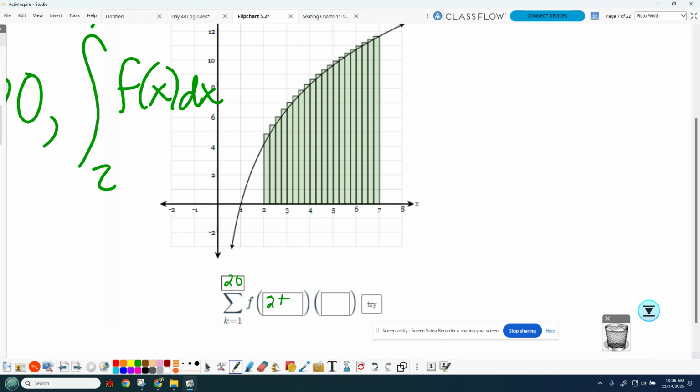So what's the dx going to be? 5 units cut into 20 slices, so 1/4. Okay? And how do I get these guys? 3 plus 1/4 n. Okay, k. f of the x value where it started plus the step.